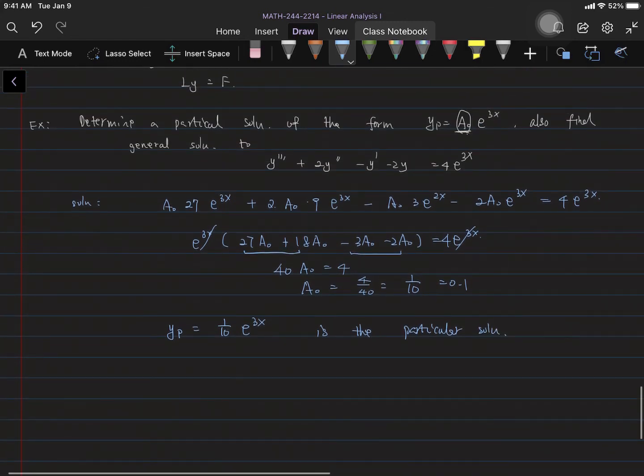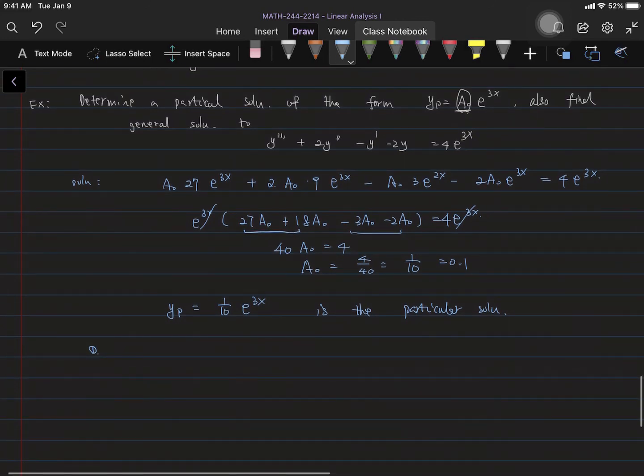Next, if we want to solve the general solution to the non-homogeneous differential equation, first we need to find the solution of the homogeneous differential equation. That means we want to find e to the rx such that it satisfies the homogeneous equation equals 0.